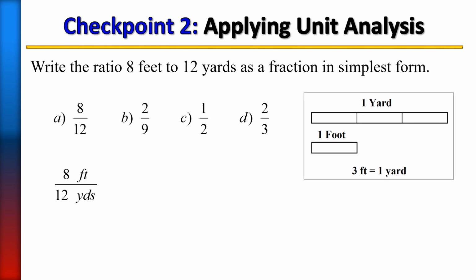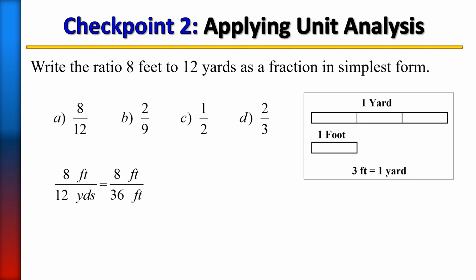So if you have 12 yards, you're going to have to multiply that number by 3 because in every 1 yard there are 3 feet. So 12 times 3 is going to give you 36. So on the bottom, instead of 12 yards, when we convert it, it's going to be 36 feet.